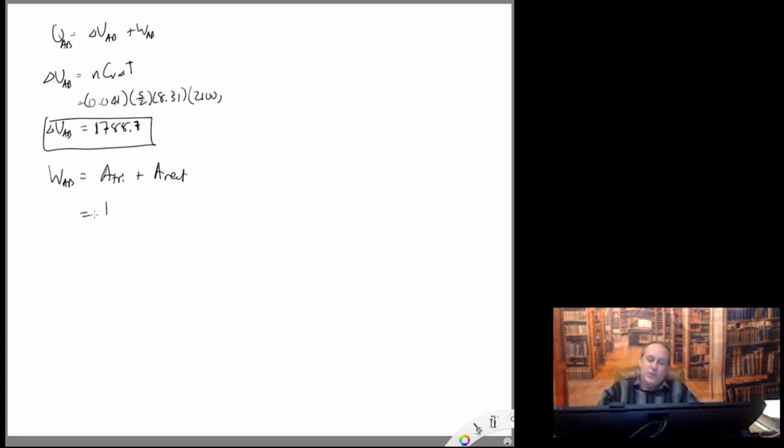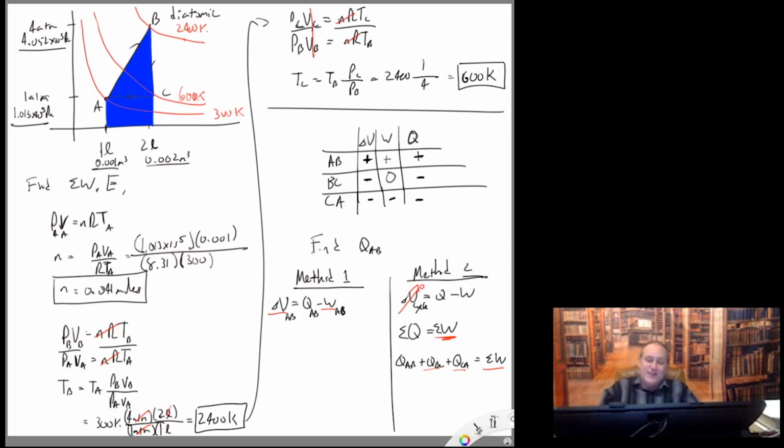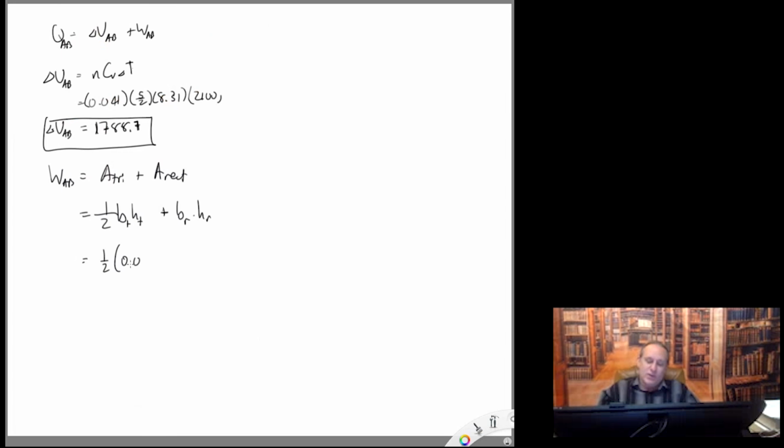For the triangle, it's 1/2 base of the triangle times height of the triangle, and then for the rectangle, it's just the base of the rectangle times the height of the rectangle. So putting in our numbers for the base of the triangle, from 1 liter to 2 liters, that's the difference between these two volumes. 0.002 minus 0.001 is 0.001.